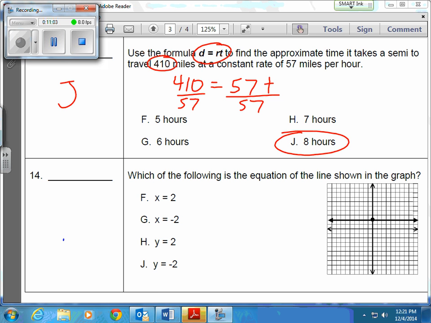Take that back. This is closer to 7. I'll put it in the calculator. I get 7.2. I was looking at 50 in general into 400, but it's closer to 7 hours. So we'll go with H.